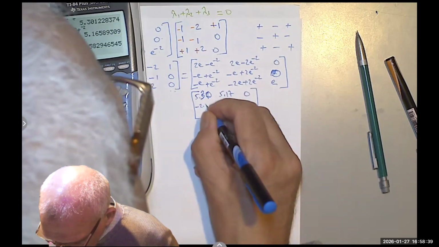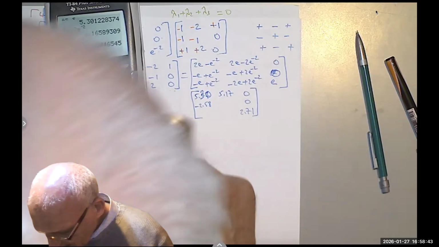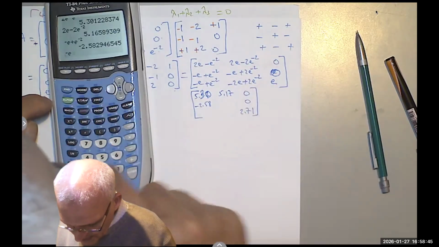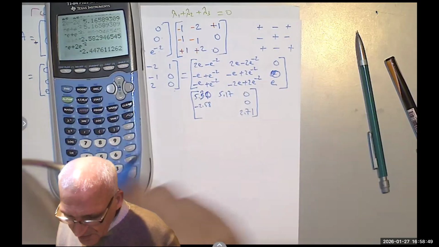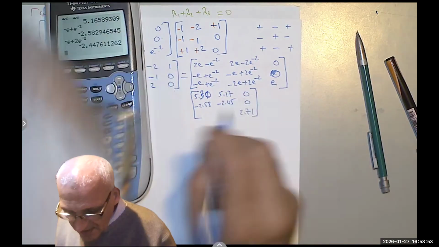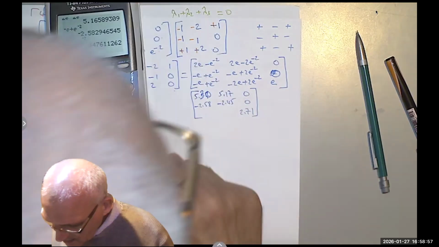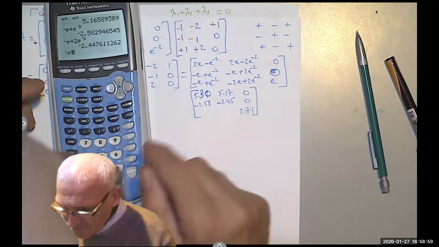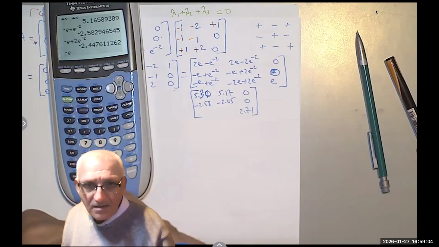Negative 2.58, negative e plus 2e to the negative 2 is negative 2.45. And then the last negative e, yeah, it's the same, negative 2.58, right? Yeah, it's the same thing.